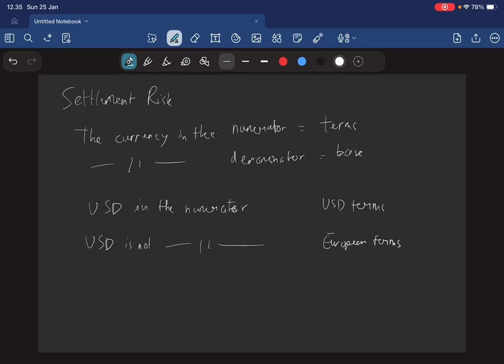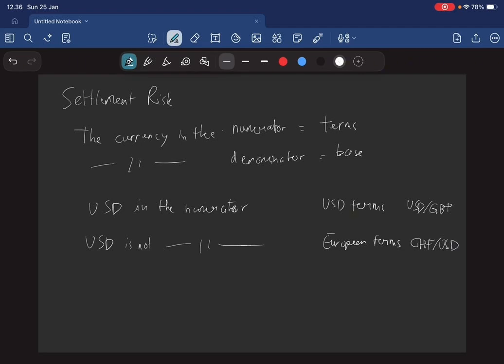For example, USD pound sterling is US terms, and Swiss franc, this is European terms.